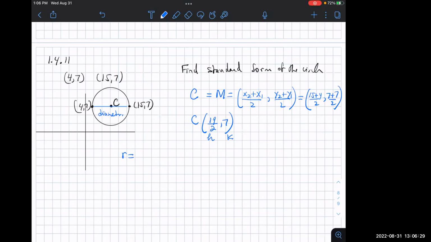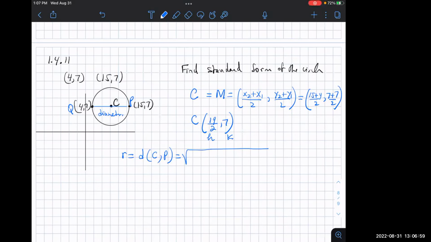The radius will be a length, a distance from the center. Let's say this is P. From the center to P or from the center to Q, whichever you want. Now we use the distance formula. Square root of... one sec, let me write that down.